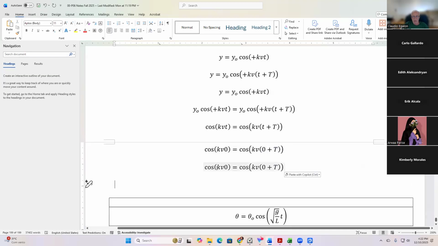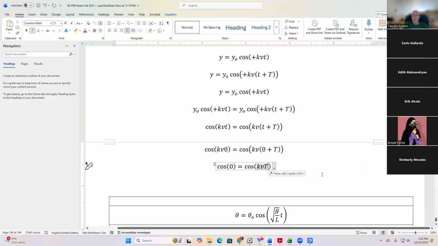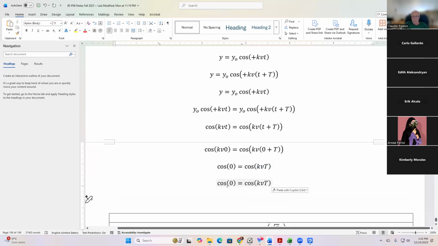Cosine kv0 is 0. This one turns out to be something like that. Next step. This one's going to be 1.